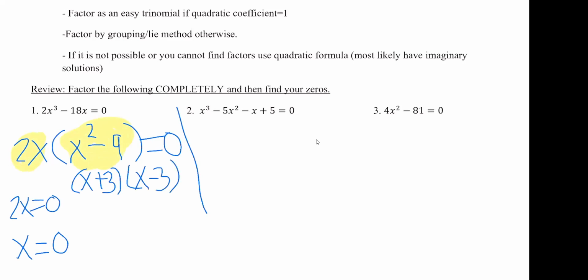Or another way you could think of it, if you didn't recognize that shortcut, remember what multiplies to -9 and adds up to 0, because you have a 0x there, even though we don't write it. So that would be +3 and -3. Then you would get your other solutions at -3 and +3 if you solved each one of these binomials.